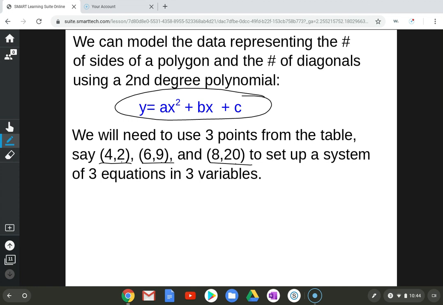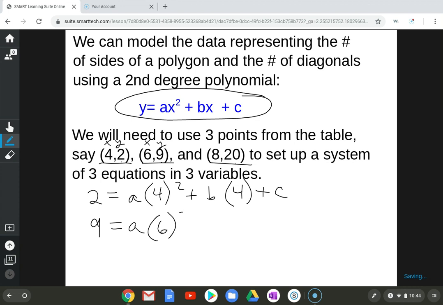First thing we're going to do is remember that each of these coordinates represents an x and a y. So I could write 2 equals a times 4 squared plus b times 4 plus c. For the next one, this is my x, this is my y, 9 equals a times 6 squared plus b times 6 plus c.